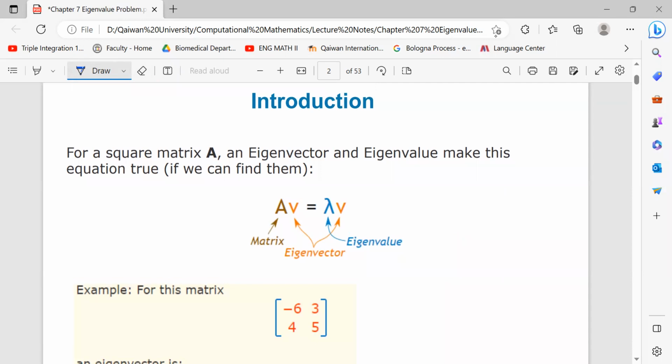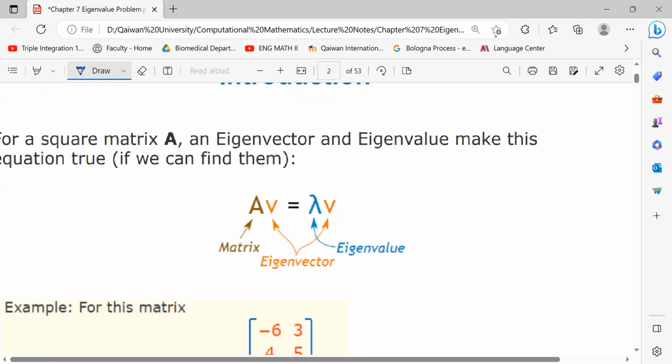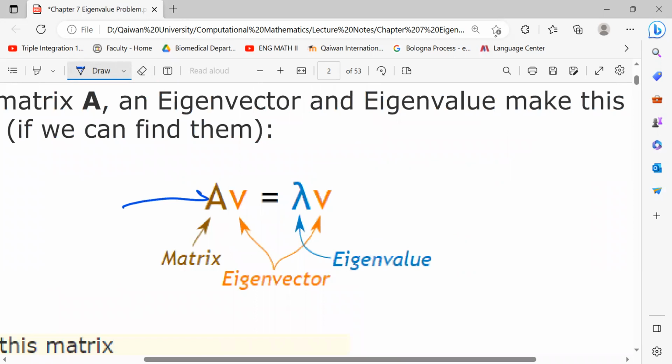It says for a square matrix A, an eigenvector and eigenvalue make this equation true. Here, A is a square matrix, V is the eigenvector, and lambda is the eigenvalue.